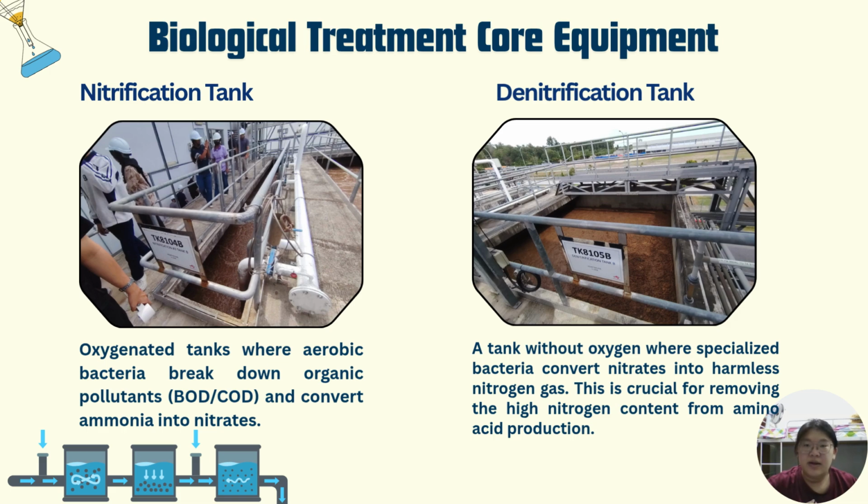The water then moves to the denitrification tank, which is a tank without oxygen, where specialized bacteria convert the nitrate into harmless nitrogen gas. This step is absolutely crucial for removing the high nitrogen content originating from Ajinomoto amino acid production.